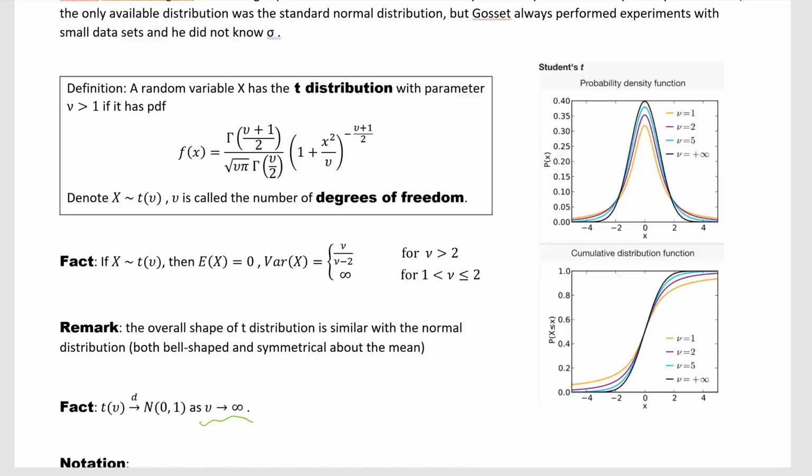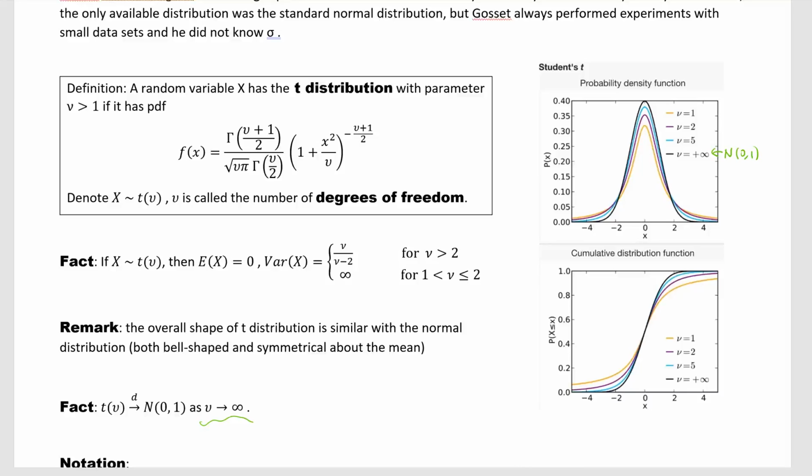The orange line indicates nu equals 1. The purple line is the t-distribution when nu is 2, the blue line is when nu is 5, and the black line is when nu goes to infinity. When nu goes to infinity, the black line is actually the standard normal distribution.